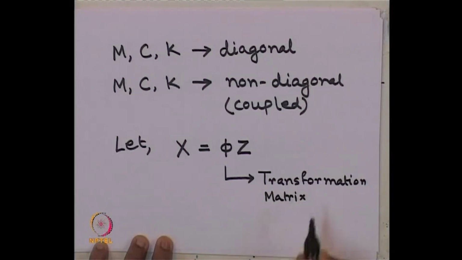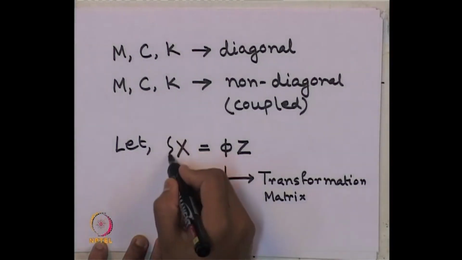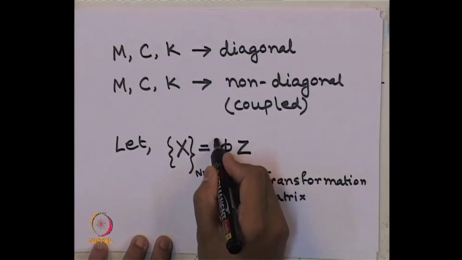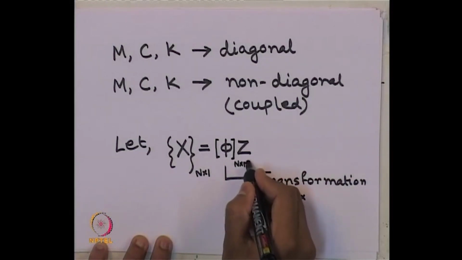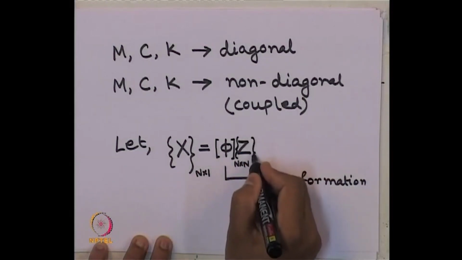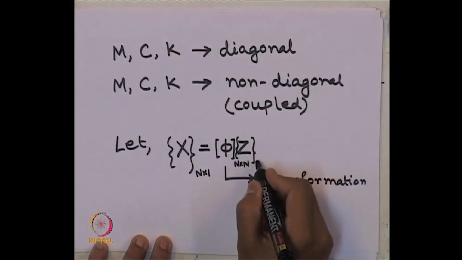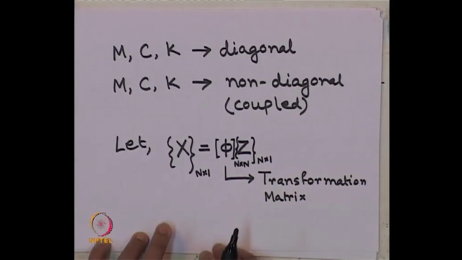If we have considered an n degrees of freedom system, this x vector will be of size n by 1, the transformation matrix will be of size n by n, and the new coordinate z will be a vector of size n by 1. What does it mean?